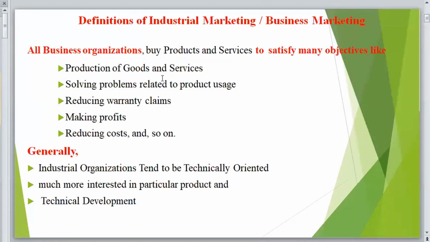So let me ask you, in your perception or in your understanding, do you think that industrial products and consumer products are the same?